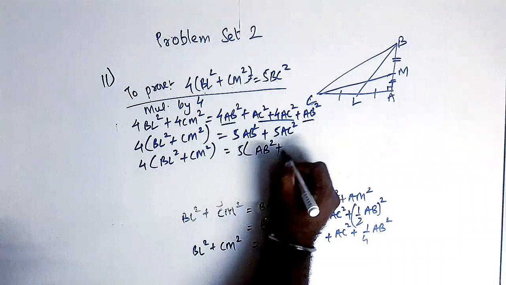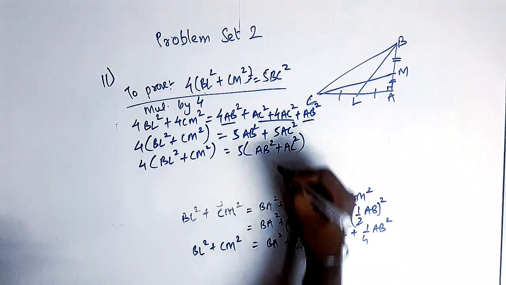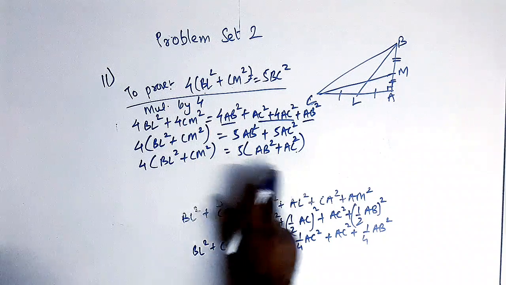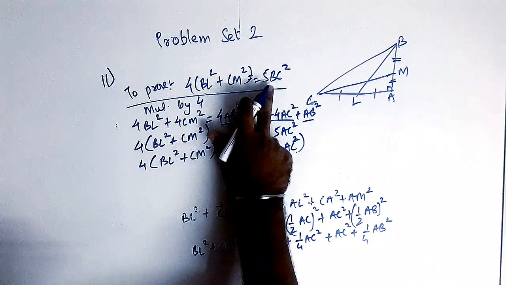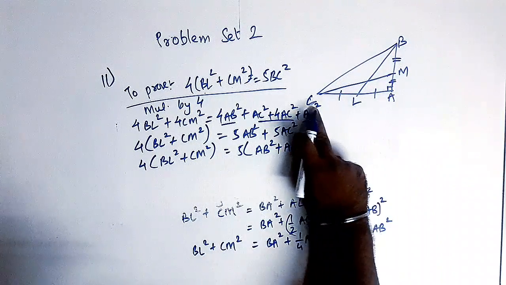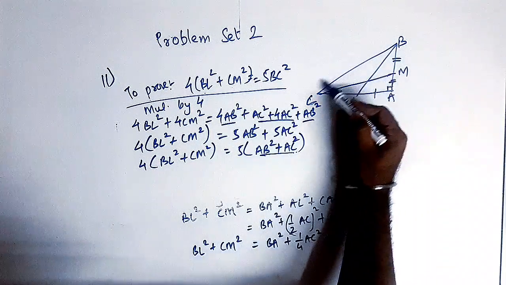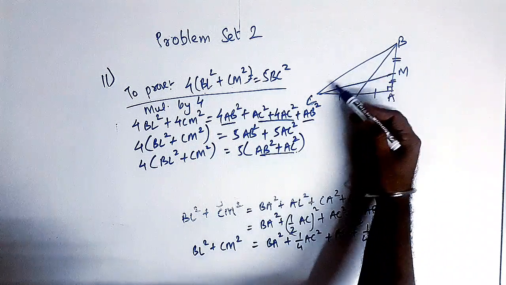What remains is AB square plus AC square. Okay, correct. We have reached up till here. LHS we got. RHS, AB square plus AC square is nothing but BC square by Pythagoras theorem. Yes or no?